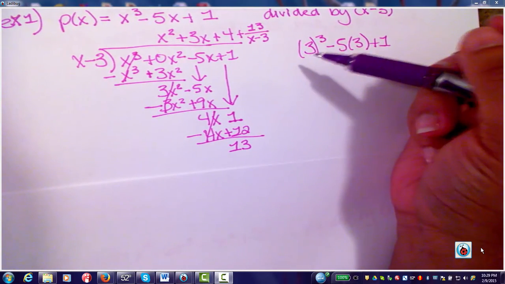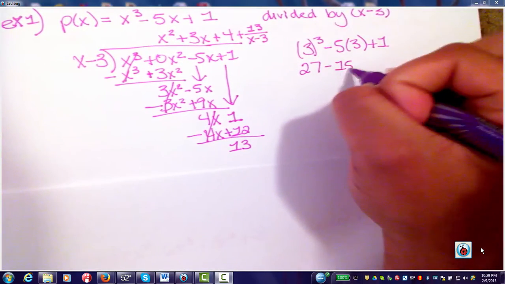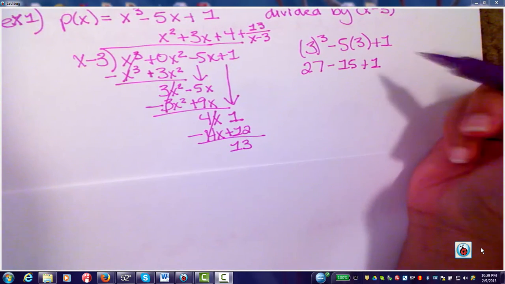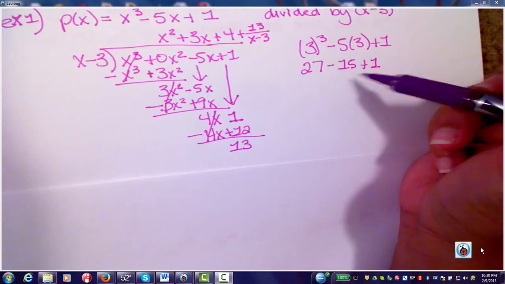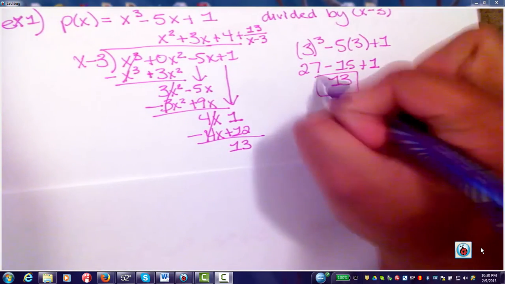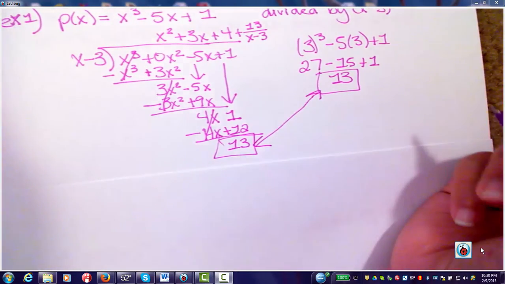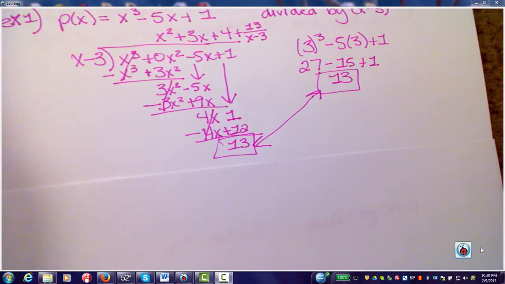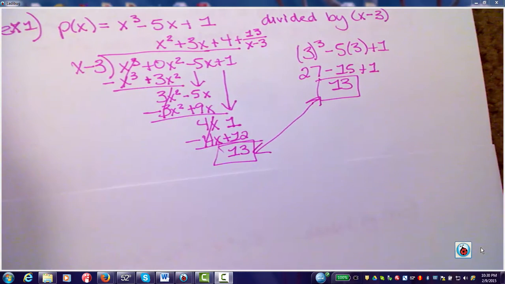Then 3 cubed is 27 minus 15 plus 1. 27 minus 15 is 12, plus 1 is 13. So you will see that the remainders match up. So the remainder theorem does in fact work. If you evaluate your function at a, then you will get your remainder to be the same thing as if you did regular polynomial division.